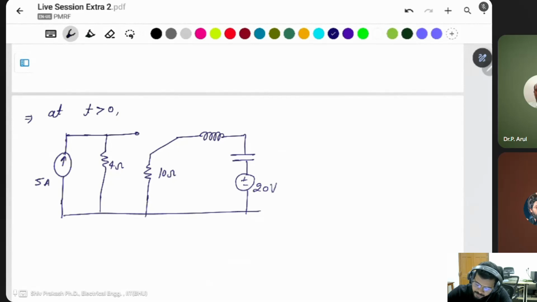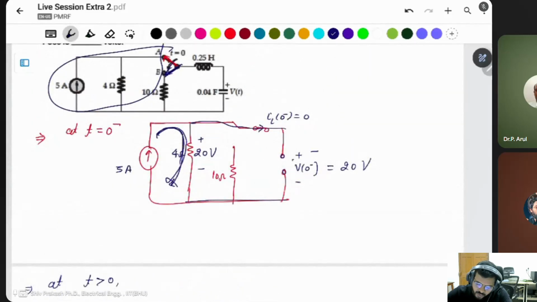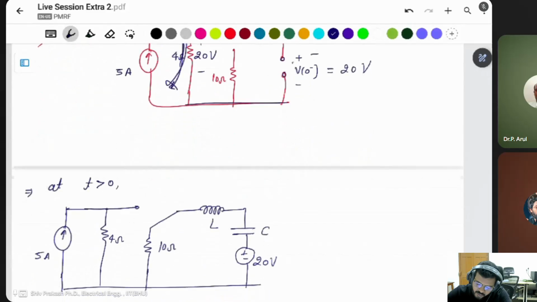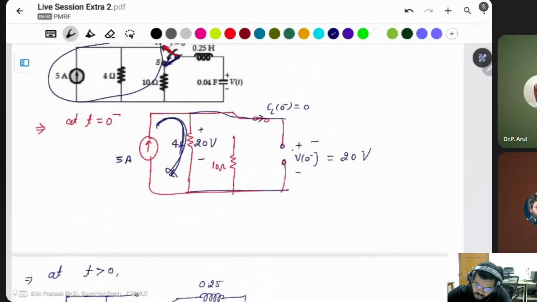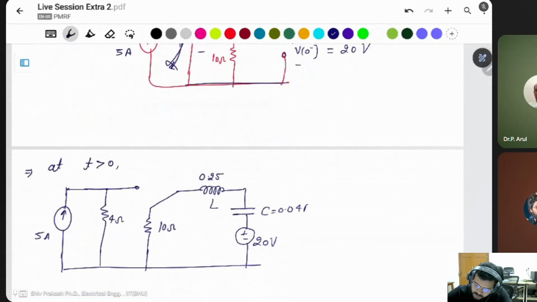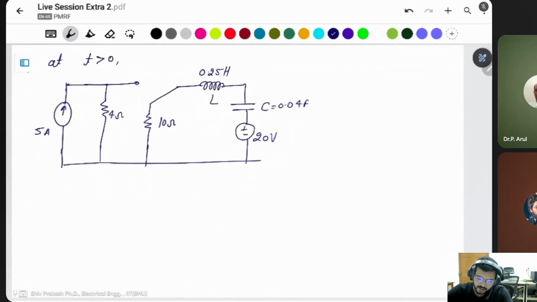Then R, L and C: inductor is 0.25 henry and capacitor is 0.04 farad. Simply, again it will be an RLC circuit with initial voltage of 20 volt.